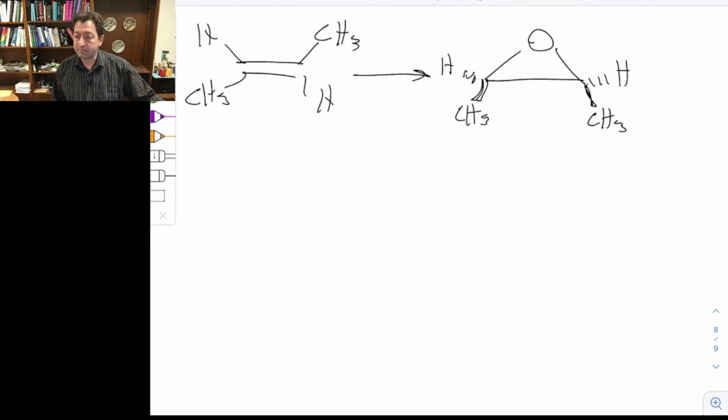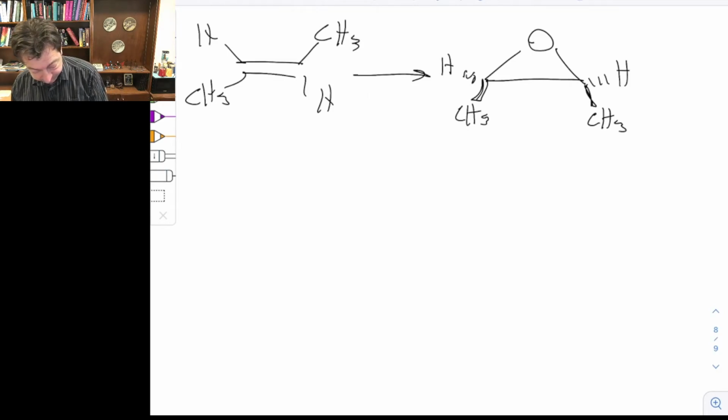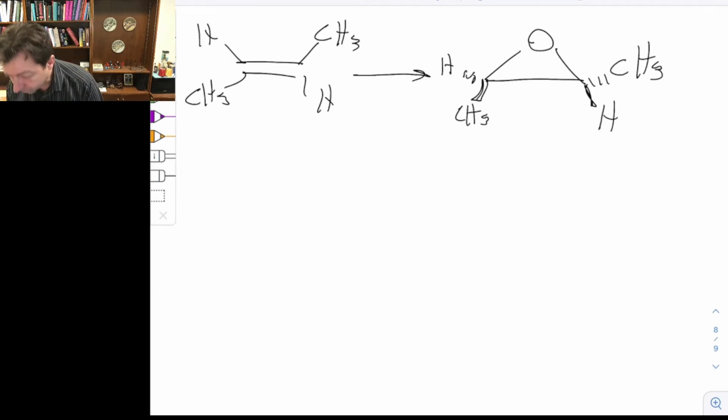So again, we can form the epoxide, and then we want to imagine what's going to happen if we ring open that epoxide. We ring open that epoxide from the opposite sides here.